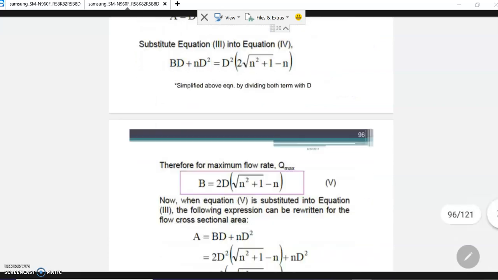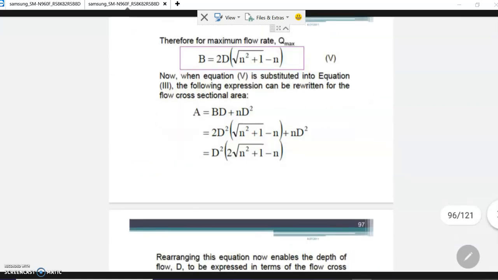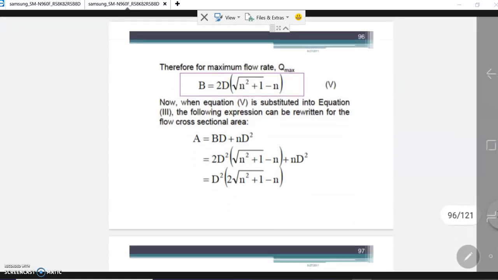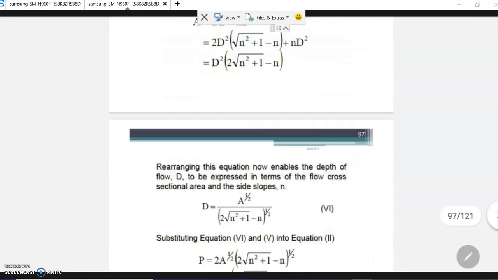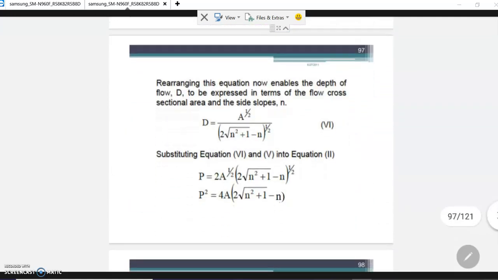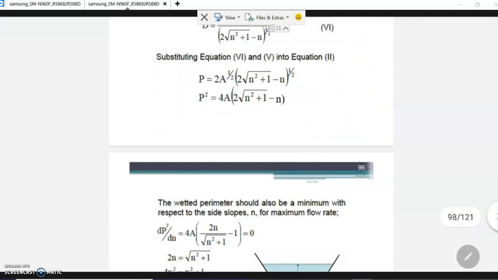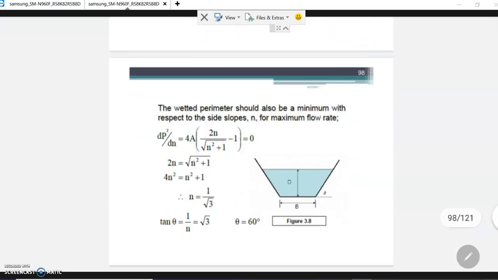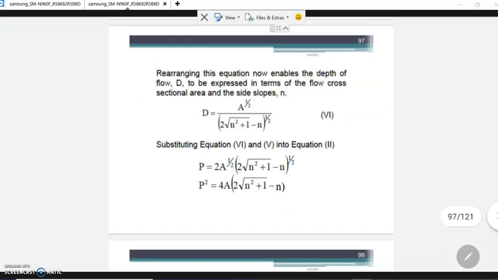Okay, so substitute, so we simplify for the maximum flow rate. So this is the formula for maximum flow rate. So the rest is just derivation, how we identify the perimeter.